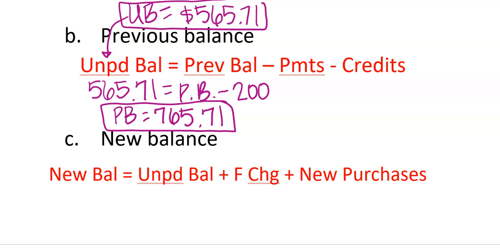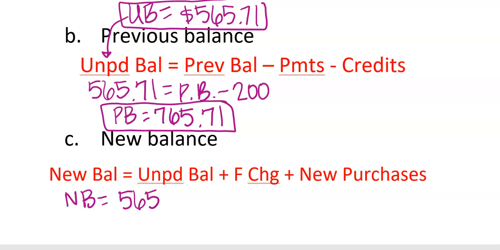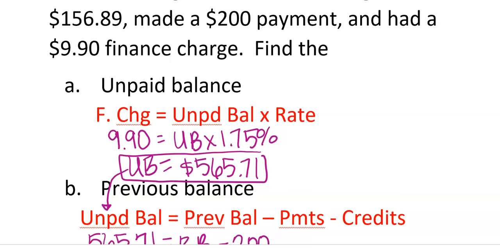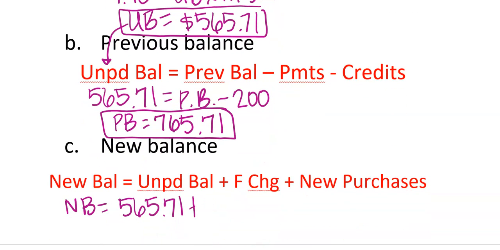And then we can go back and follow that original formula, which you might want to put at the top of your page as well. New balance is what we're looking for. We should have numbers to fill in for all the rest. So the unpaid balance was 565.71. The finance charge was $9.90.